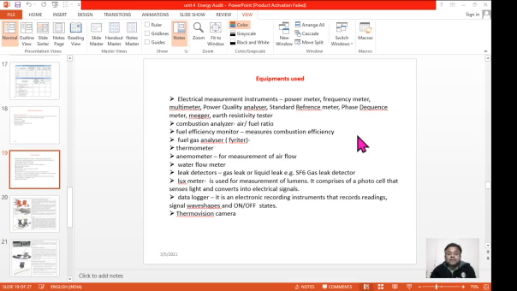And next is thermovision camera. Thermography is a very important tool for maintenance engineers, because whenever there is a loosening of the joint in the transmission lines or different connections are there at power supply installations, it is to be monitored whether the connections are intact and the connections are proper.